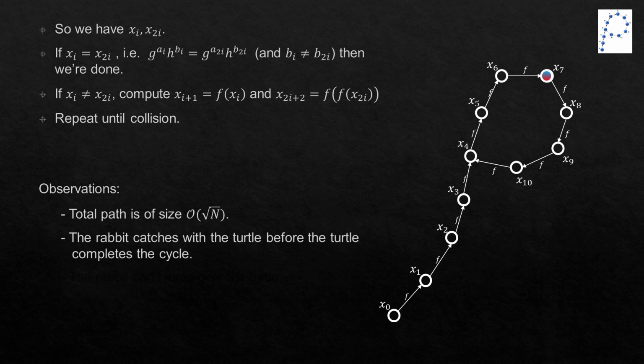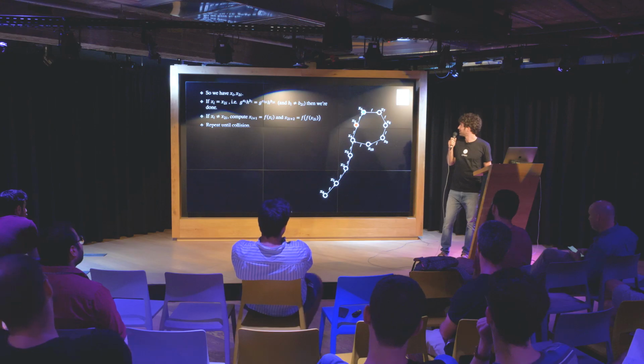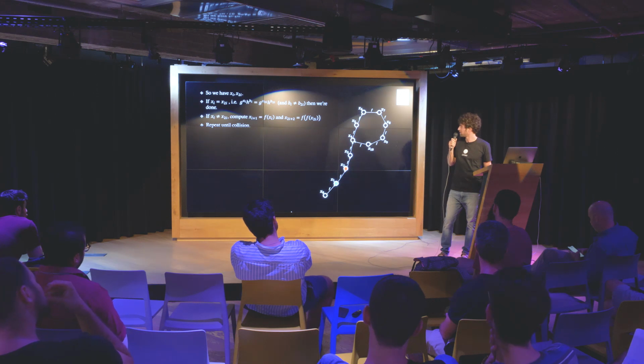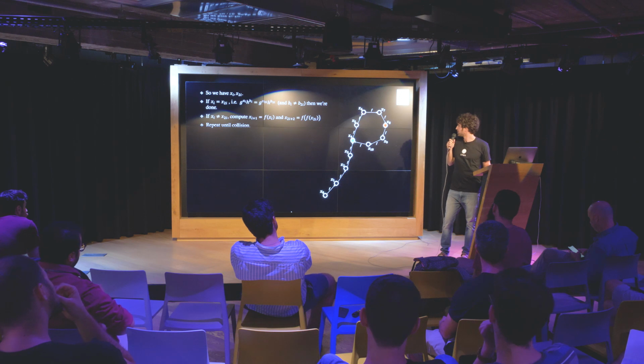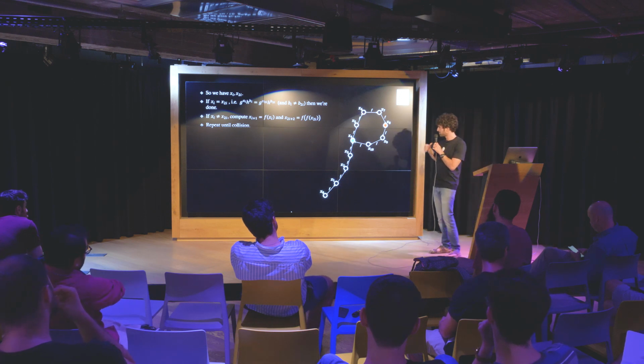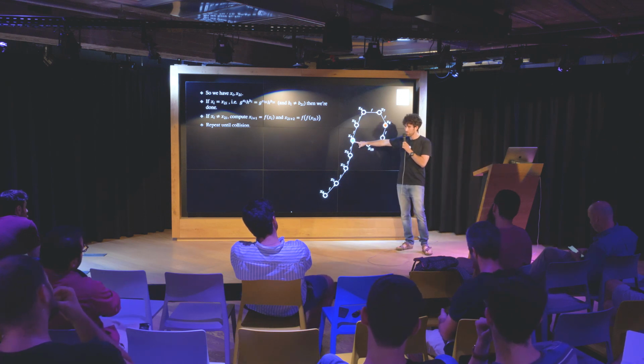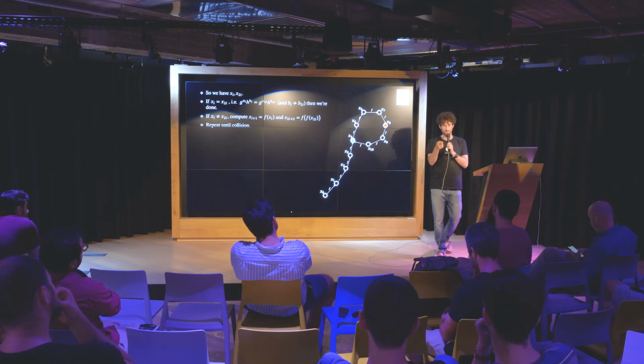Why is that? Let's take the animation a little bit back, and I want to observe a specific point in time: the point in time where the blue dot enters the cycle.